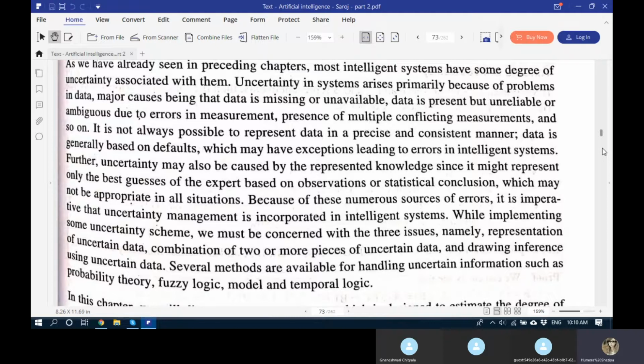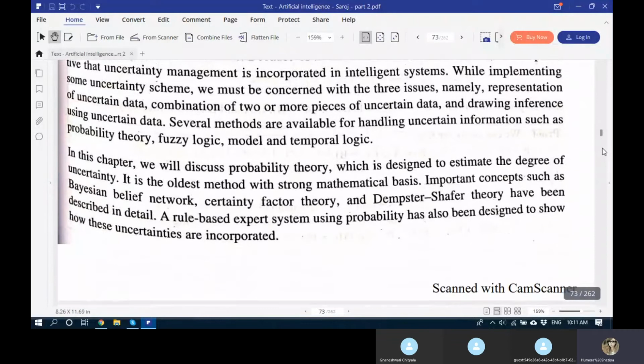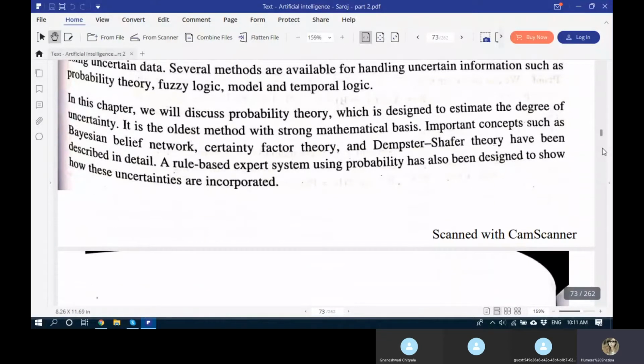Essentially, to handle uncertainty, the methods are probability theory, fuzzy logic, model and temporal logic. In this chapter, we will discuss about probability theory, which is designed to estimate the degree of uncertainty.